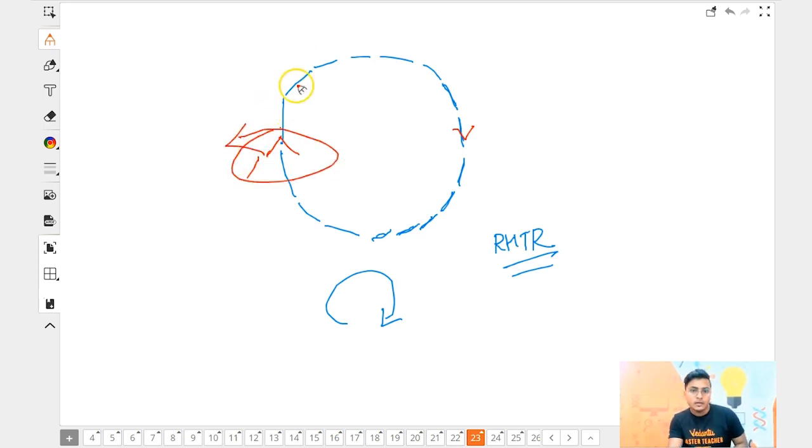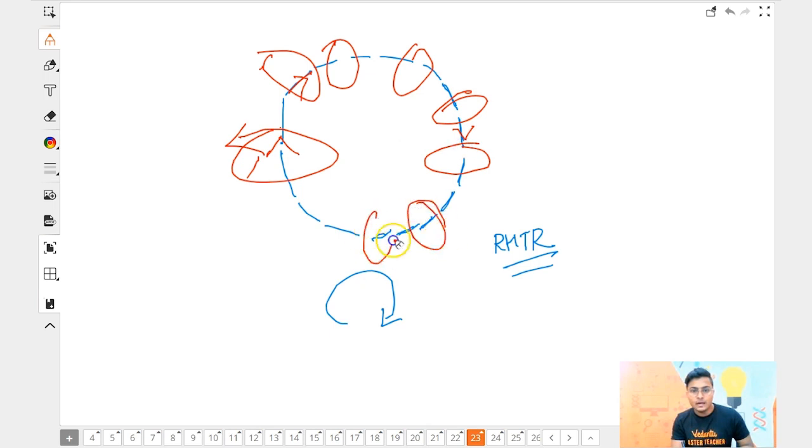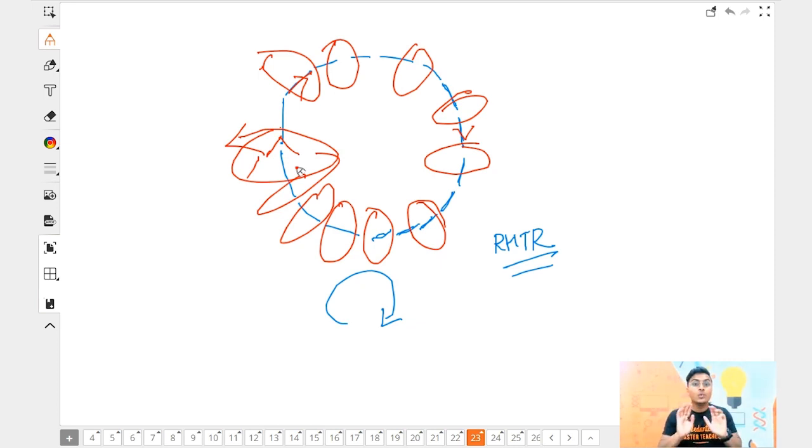For this conductor, again, current is moving in that direction. So current in this direction, I'll wrap it up. So I'll see again that this is the magnetic field. Again, magnetic field, magnetic field, magnetic field. In the same way, we can find out that at each and every point on that circular coil, you get a magnetic field in the circular direction itself.